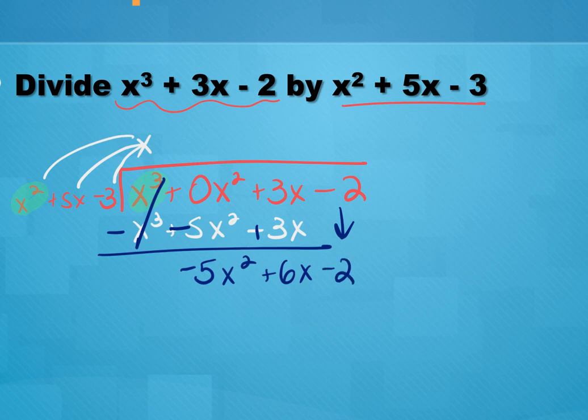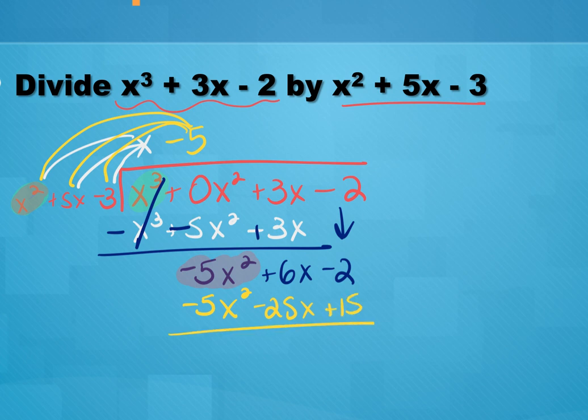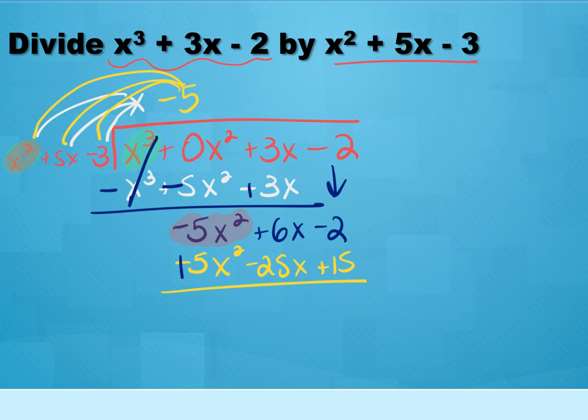Now I want to multiply x squared by something to get to negative 5x squared, which would be negative 5, and I multiply it times all three terms. Negative 5x squared, negative 25x, positive 15. Change your signs. The first column cancels. 6x plus 25x is 31x.